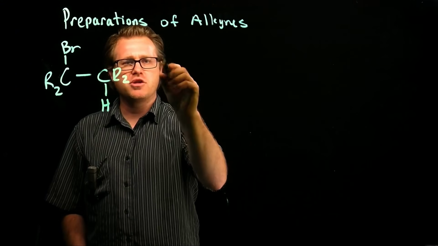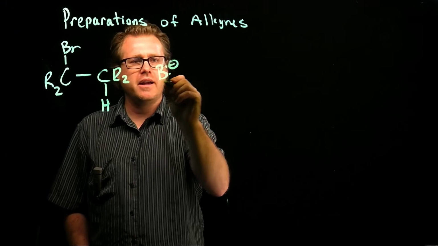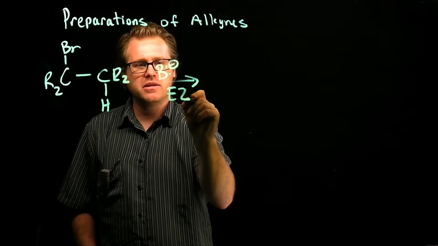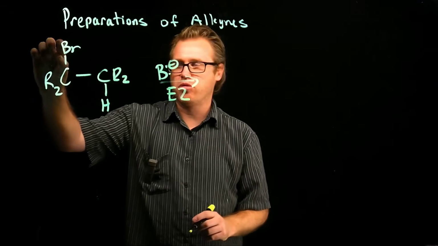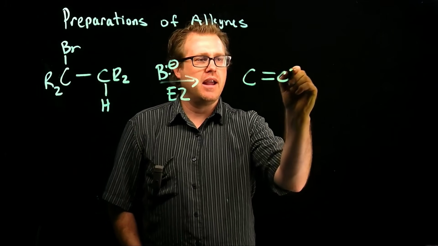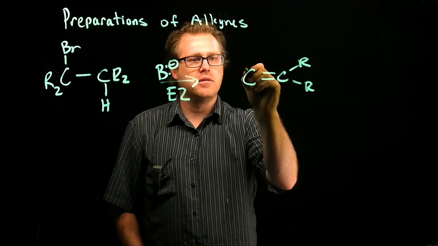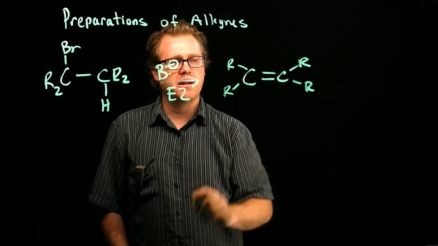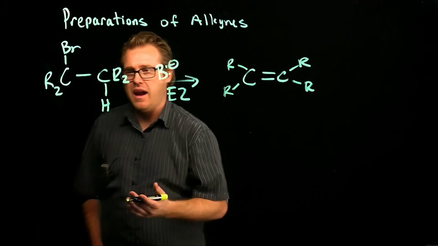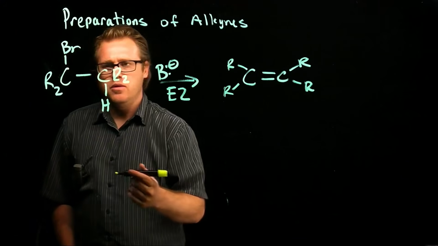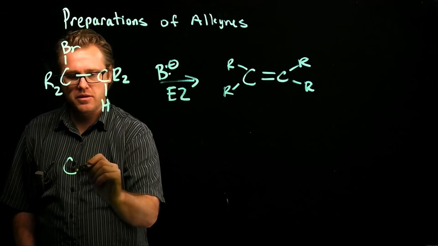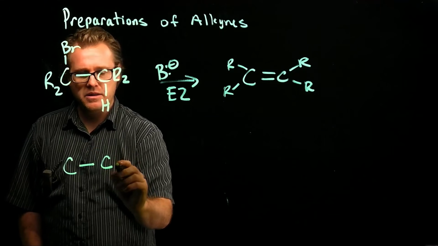Remember, we could take a strong base right here and do an E2 reaction where we're going to eliminate the bromine, which is a good leaving group, and so we would generate an alkene. Remember that reaction that we've gone over? Well, we can do the same thing, but when we have two halogens on the carbon. So we could have something like this.